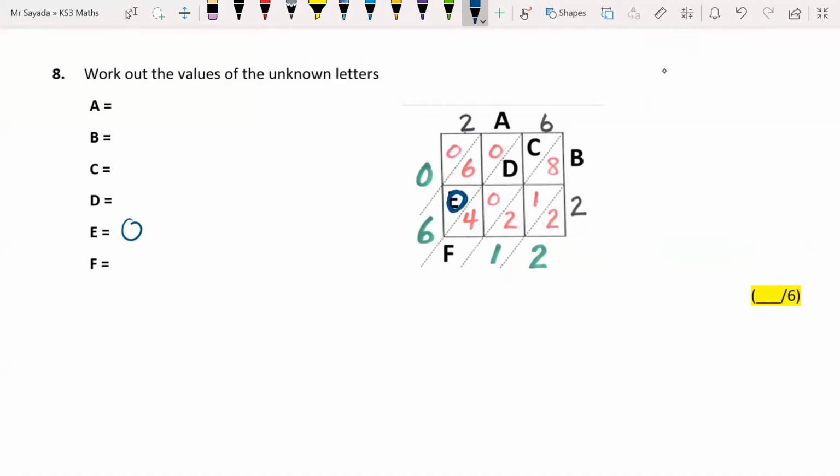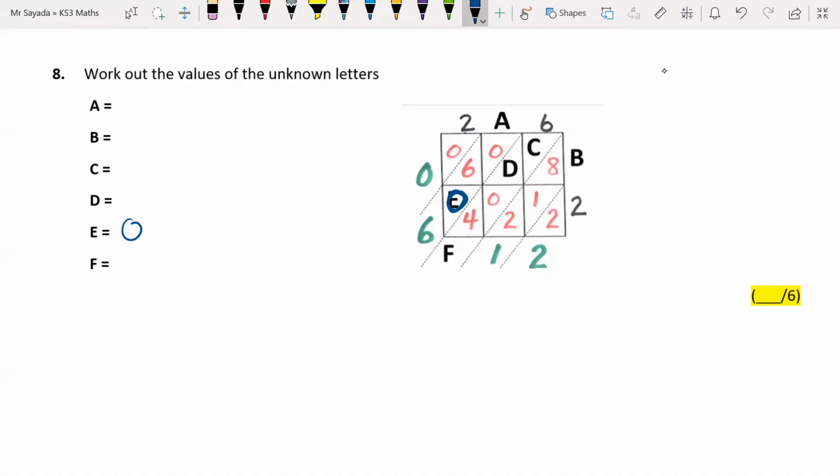The next thing I'm going to do is, what's the next thing I can do? So here we go. 2 times B equals 6.